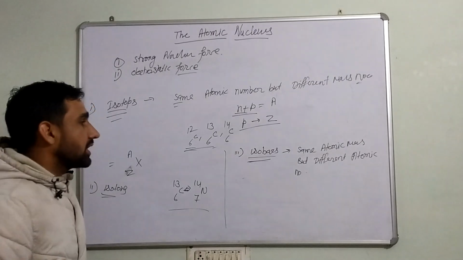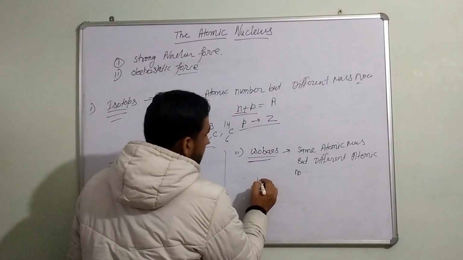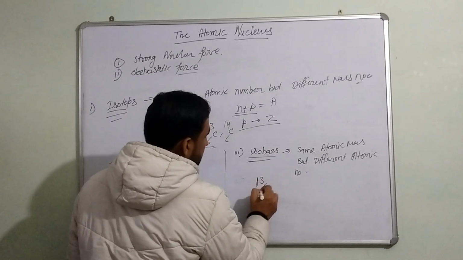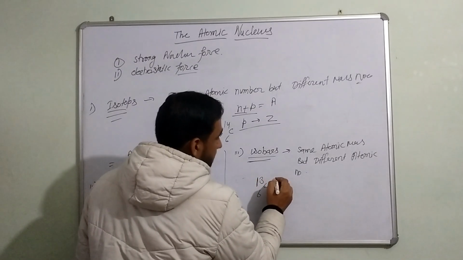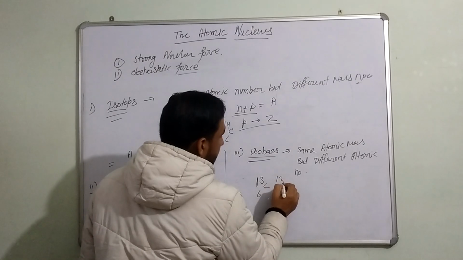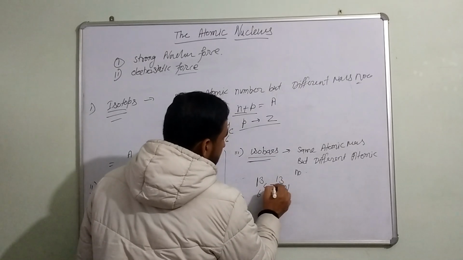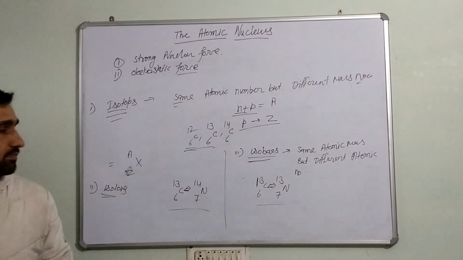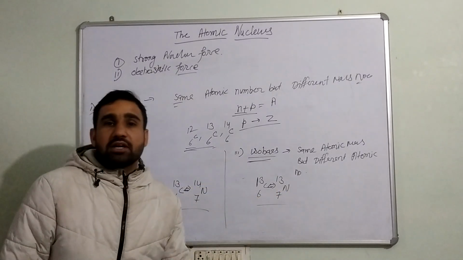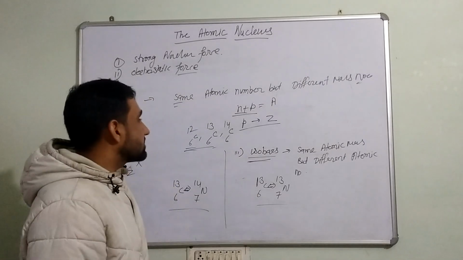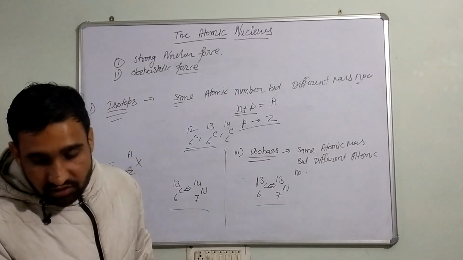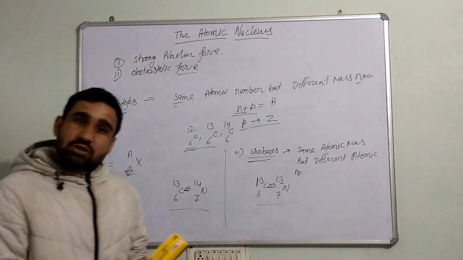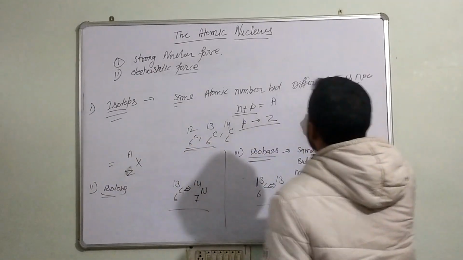For example, if we see carbon-13 (6) and nitrogen-13 (7), then both nuclei have the same mass number but different atomic number, so these are known as the isobars.